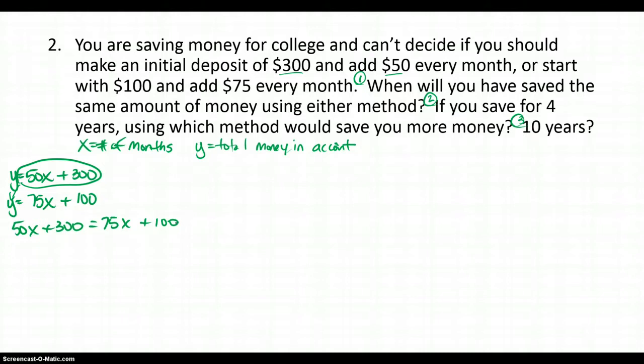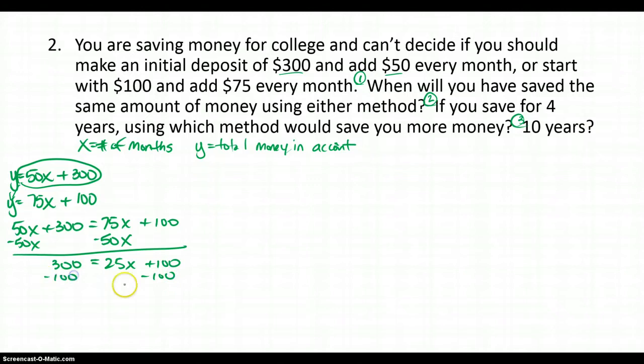And I'm going to solve that equation. So I'm going to subtract 50x from both sides. I get 300 equals 25x plus 100. I'm going to subtract 100 from both sides. 200 equals 25x. Divide by 25. And 8 equals x.